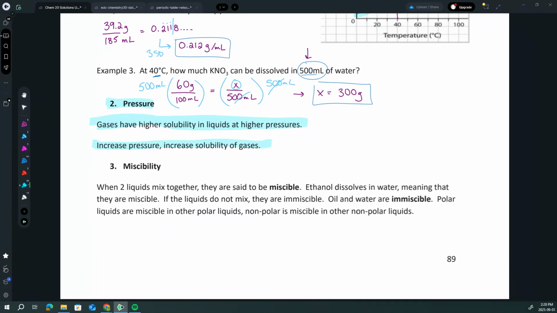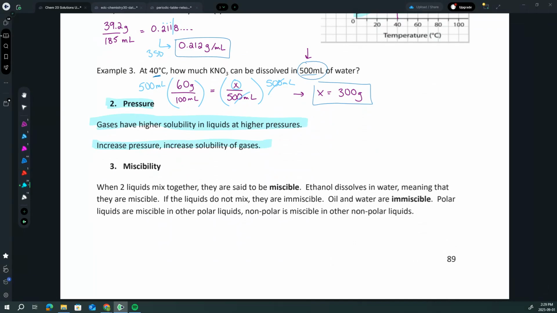Okay, and essentially what you can do to help yourself remember that is if you think of a can of pop, it's pressurized. As soon as you open that can of pop, the pressure is going to decrease and the gas starts dissolving out of solution.